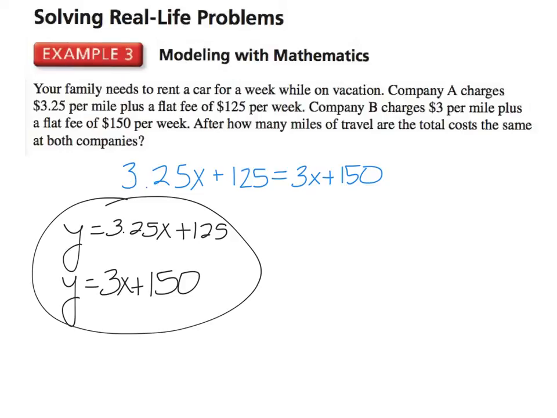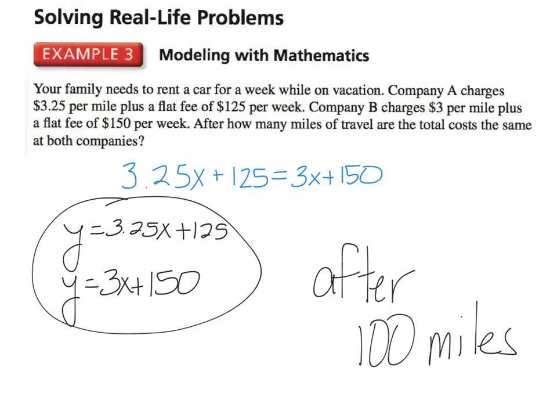If you did it, what's the point of intersection? It's (100, 450). But we only want x. So what's the value of x? 100. So when are the companies the same? They are the same after 100 miles.